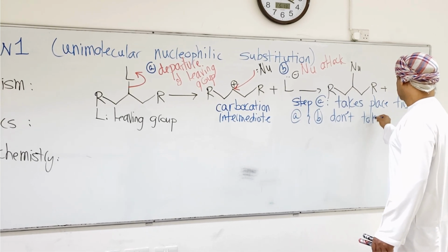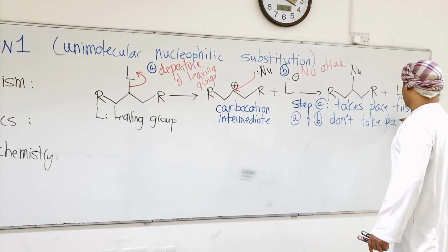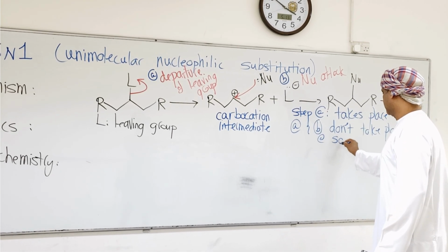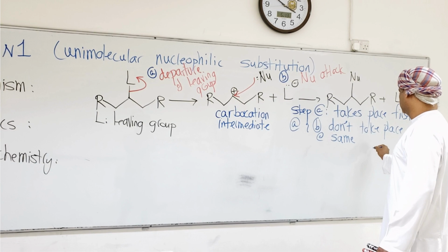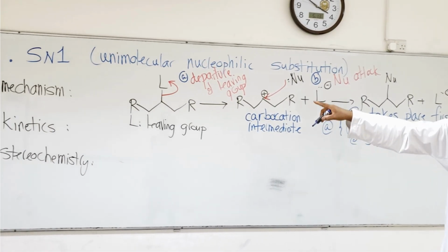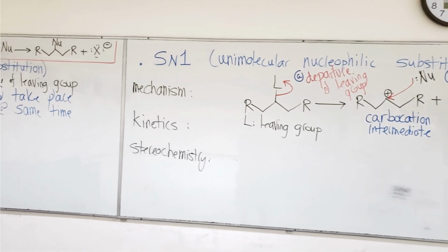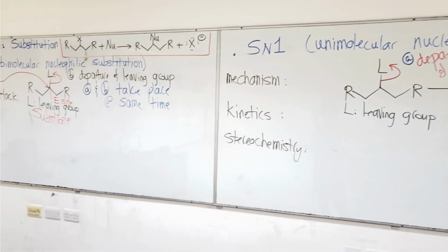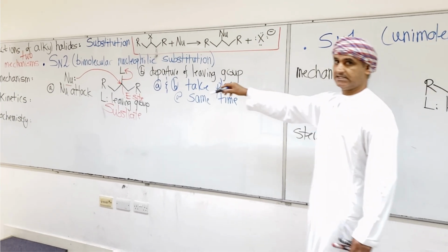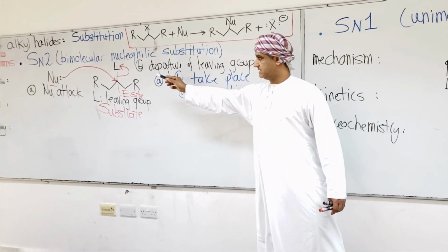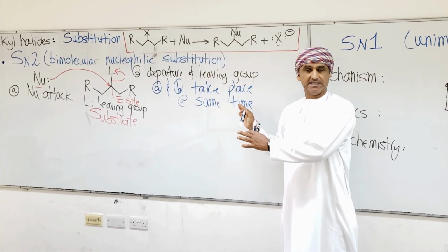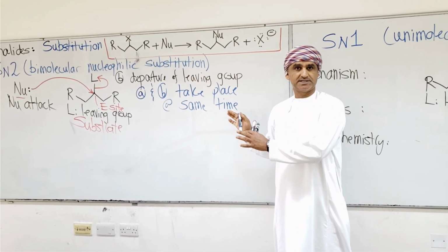This is in comparison with SN2. If you go back to SN2, you will see that the nucleophilic attack and the departure of the leaving group take place at the same time, or simultaneously.